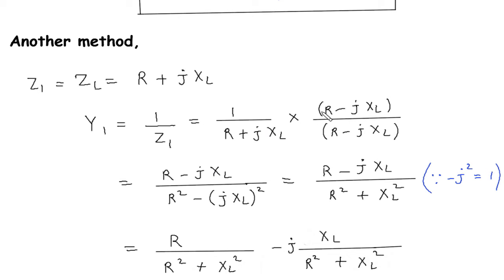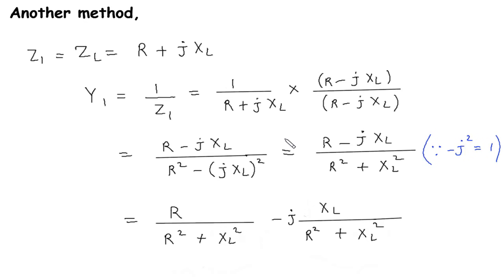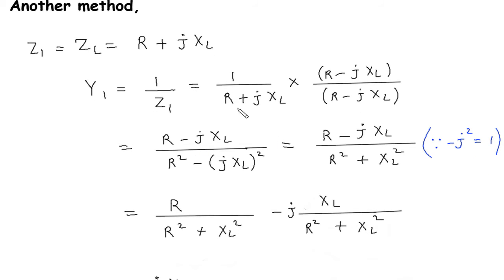Then if we simplify this, now we have the formula (A + B)(A − B) = A² − B². So the denominator will be R² − (jXL)², and the numerator is the same, R − jXL. Now this minus j² is equal to 1.